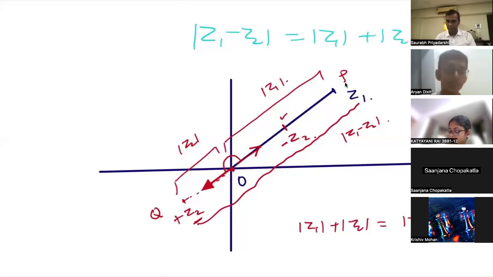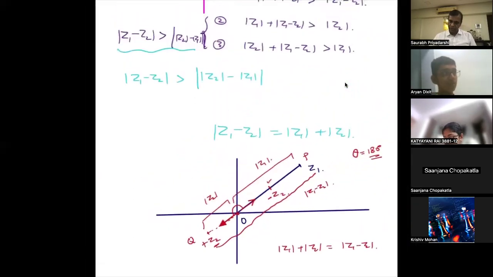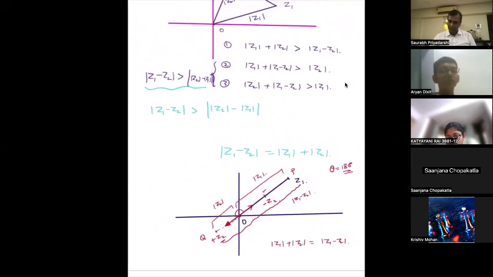Okay. Now, note down, please. This is coming from this only, the Z1 and Z2.